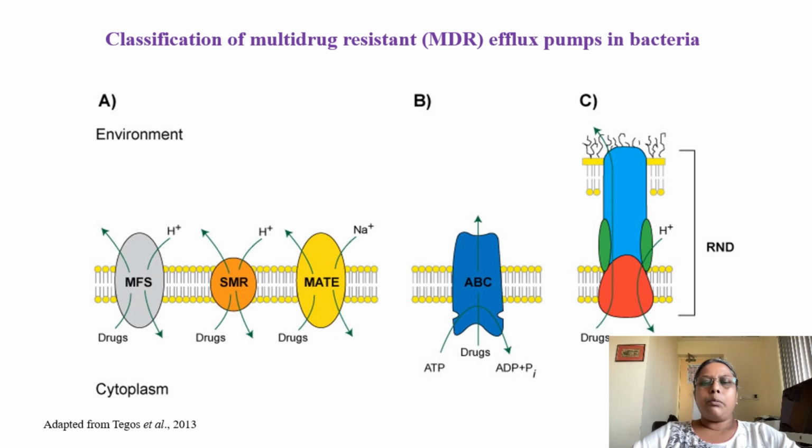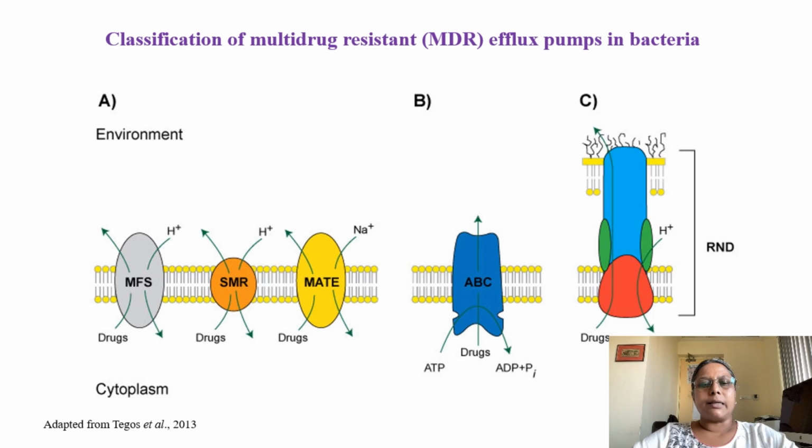Now, a little bit more on these efflux pumps. Again, there is a great deal of diversity depending upon the structure of these efflux pump proteins, the mechanism of their function and the energy usage.